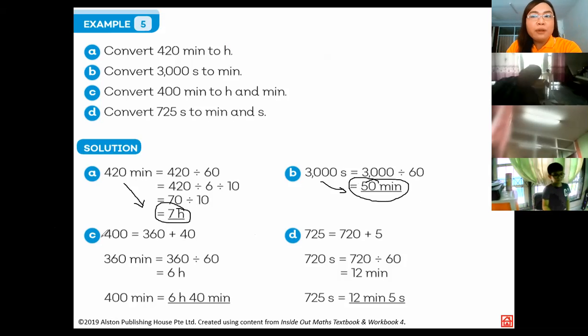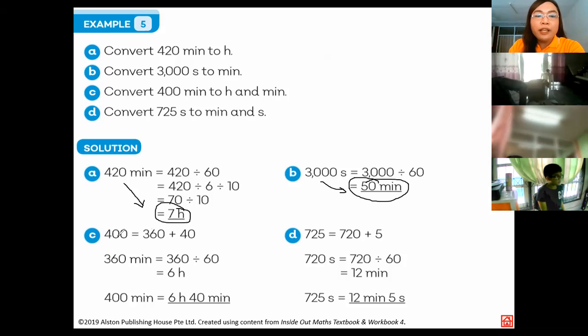Letter C, 400 minutes. We will convert this to hours and minutes. So first step, we have to look at how many hours in 400 minutes. First, we will try to find a number which is divisible by 60.